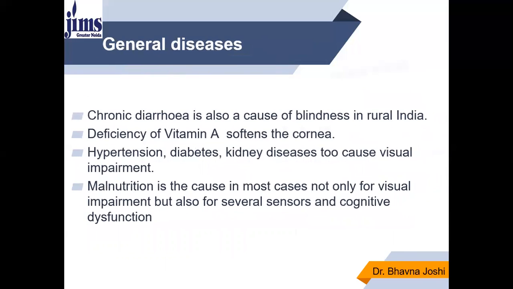Next could be diseases, like chronic diarrhea, which is a cause of blindness in rural areas, deficiency of vitamin A, hypertension, diabetes, and kidney disease, which also result in visual impairment. Then malnutrition is a very major cause of visual impairment in children.